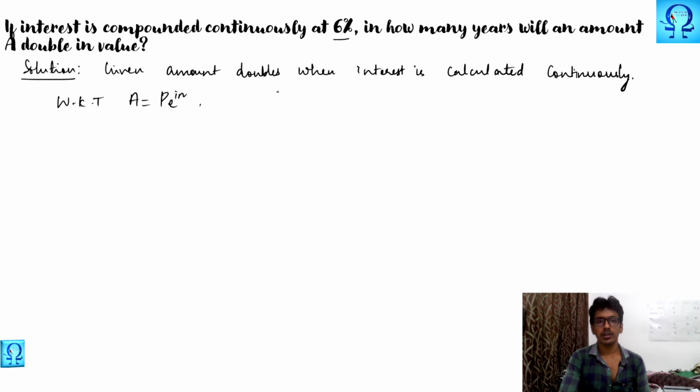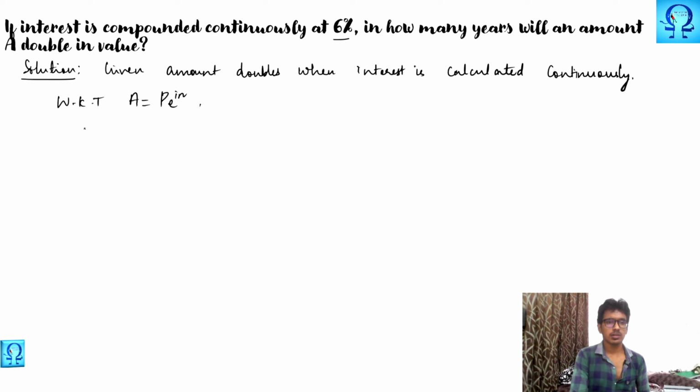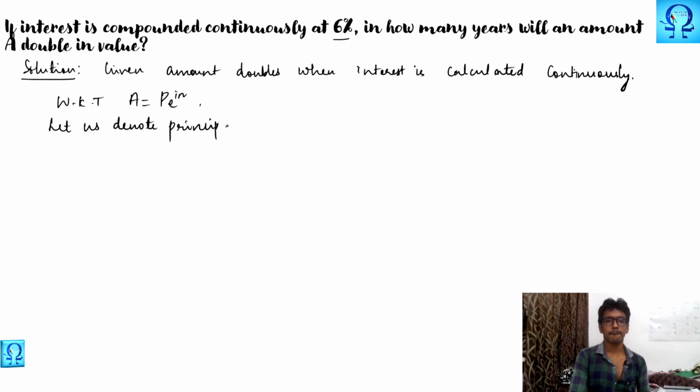Here what they have given is that the amount doubles when interest is calculated continuously. So if we take the principal as A, the amount is going to be 2A, right? So instead let us use other notation. Let us denote the principal value as x.